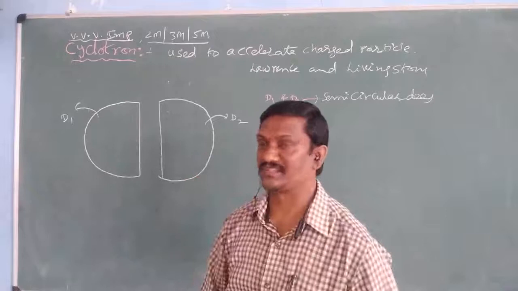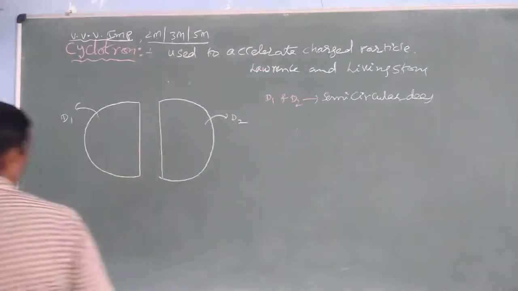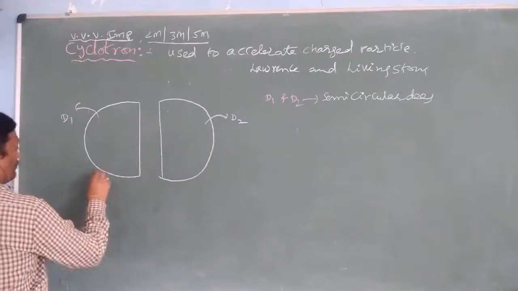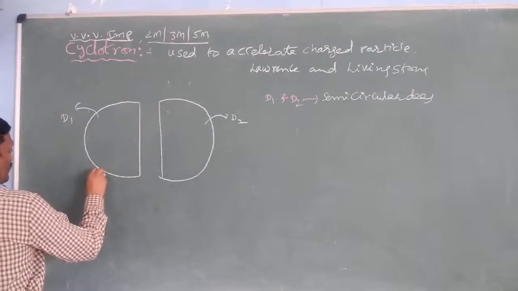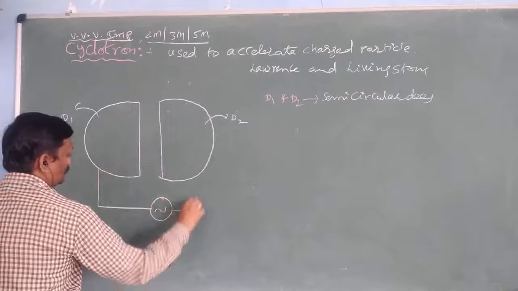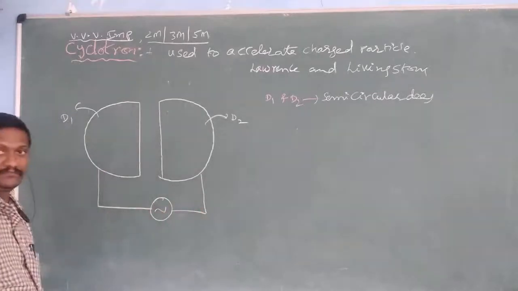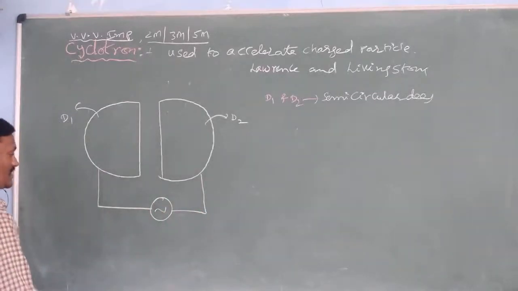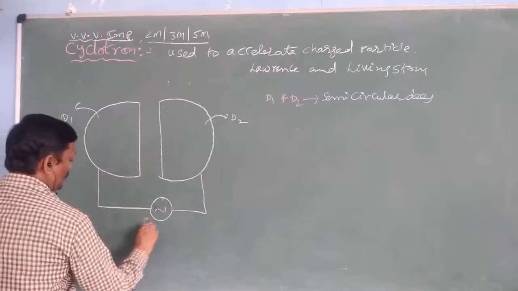Between these two semicircular disks, one AC source is applied, and this AC source is also called a frequency oscillator.